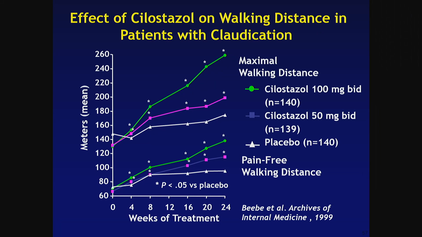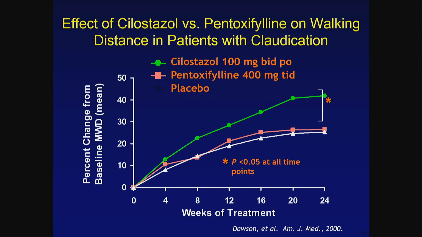And you can see in this classic trial from 20 years ago, cilostazol at 100 milligrams twice a day can significantly increase and double claudication-free walking distance. Pentoxifylline has been long discredited as no better than placebo.